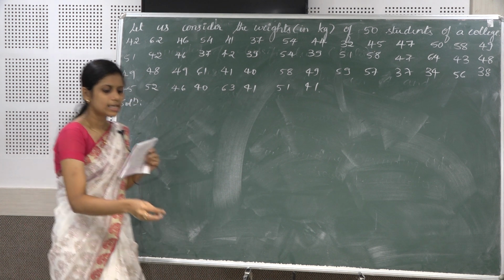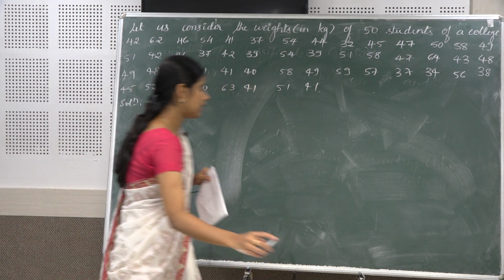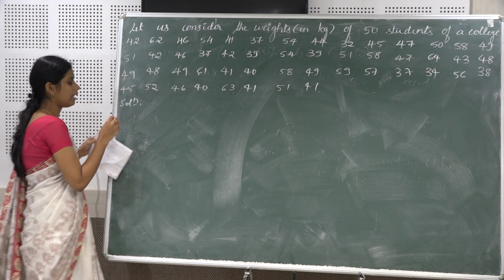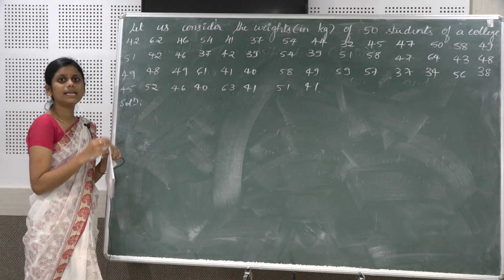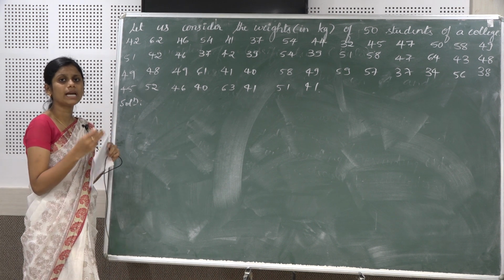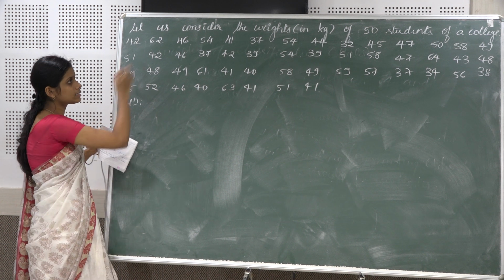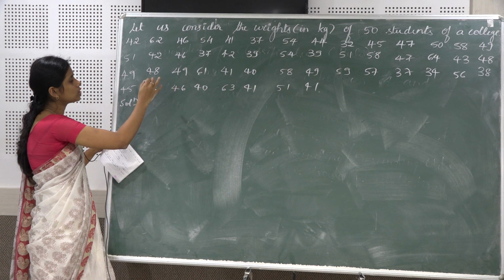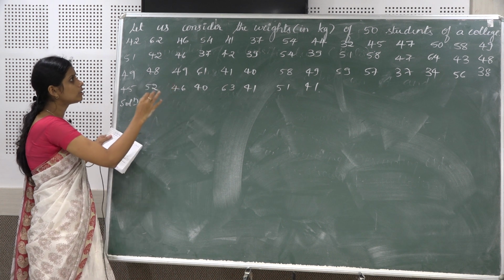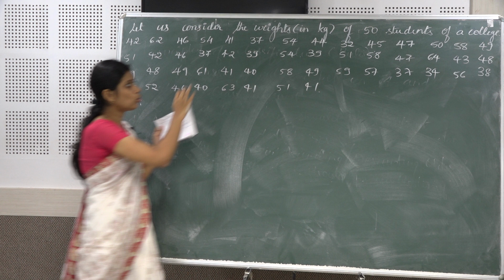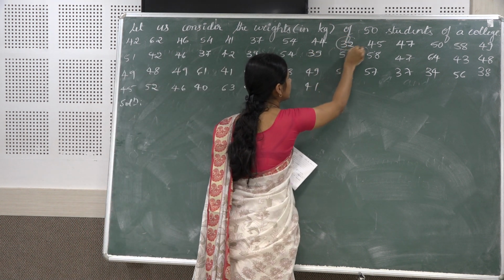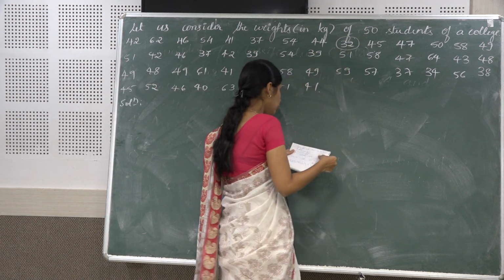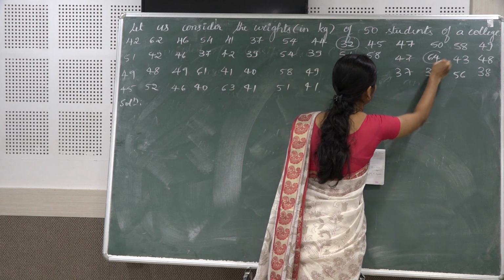So in order to find the width, first in the solution we find the range of the given data. In the previous class, I explained what range is. Range is the difference between the highest value and the lowest value of a given data. See here, the lowest value in this data is 32 and the highest value is 64.